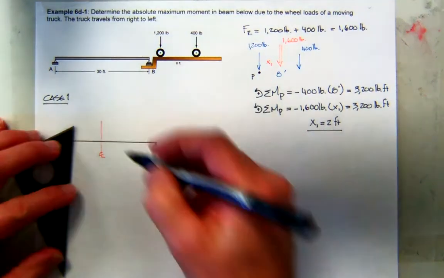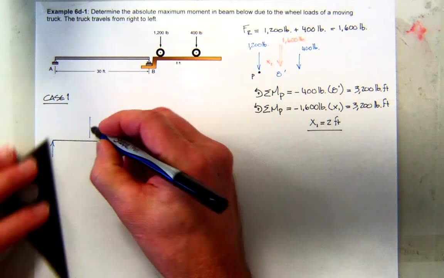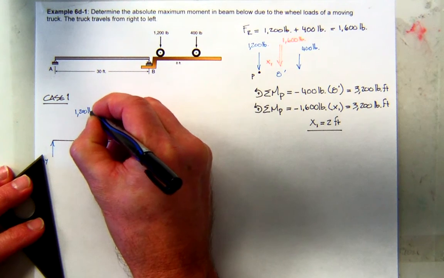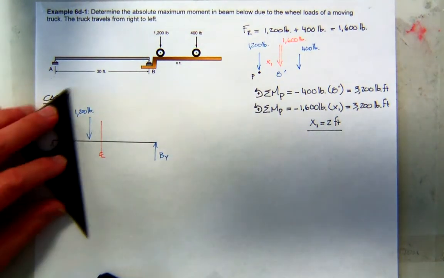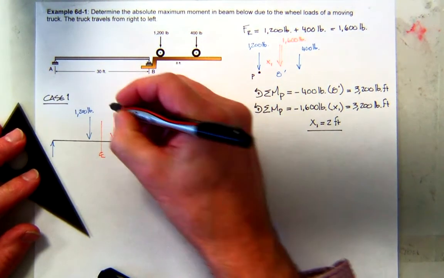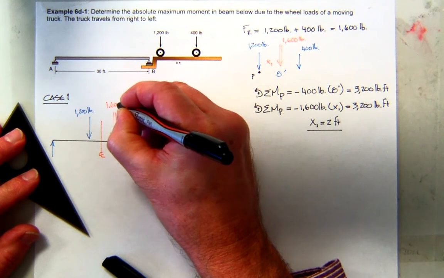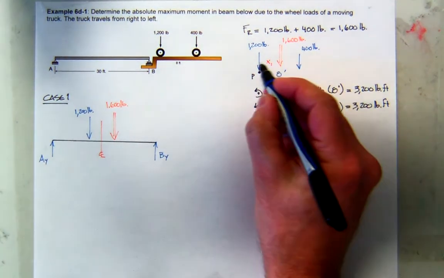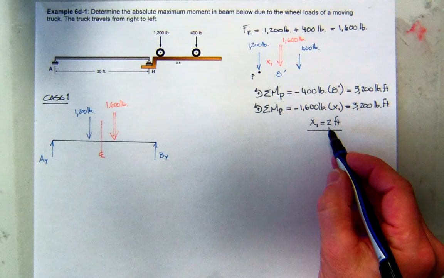So what would that look like? Well, my 1,200 pound force would be here, and my resultant force would be here. Now, what's the distance between them? x1, which is 2.